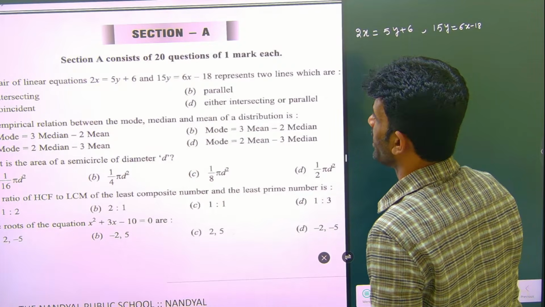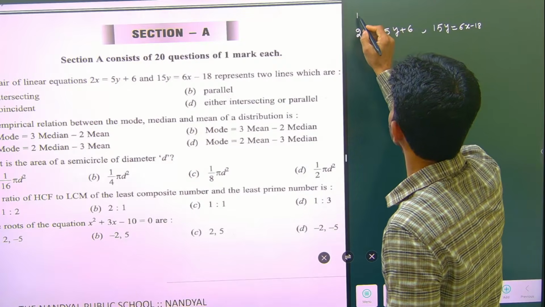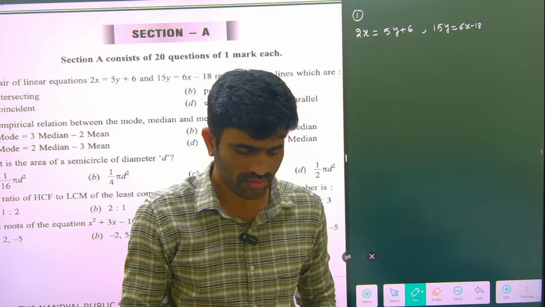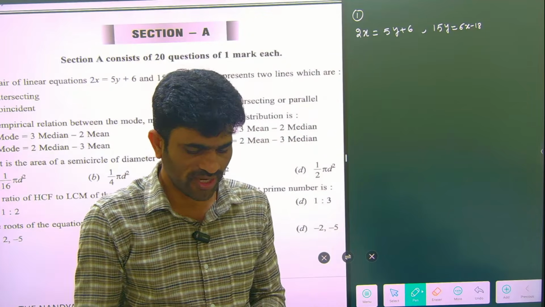They represent two lines. Then which type of lines do they represent? What kind of lines are they? Can you find out which type of lines they are?